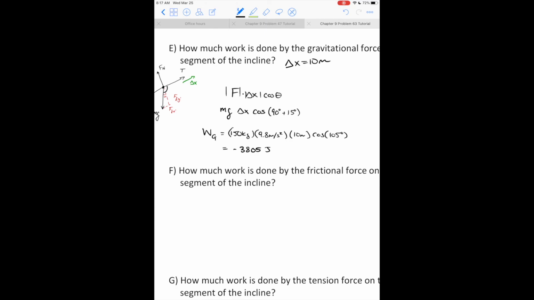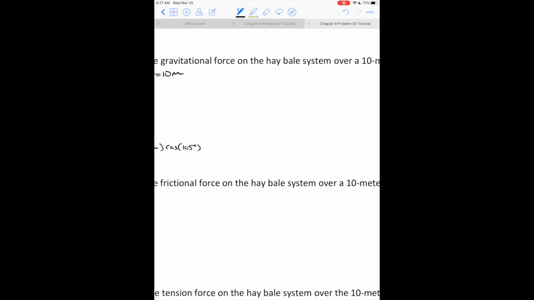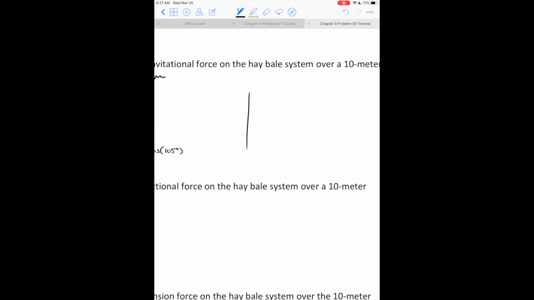Now, another way of interpreting this dot product is saying what is in the parallel direction to the displacement? Well, the FGX is the parallel component of the gravity force in the direction of delta x. If I said x prime component, I could say FGX prime is mg sine 15 degrees.